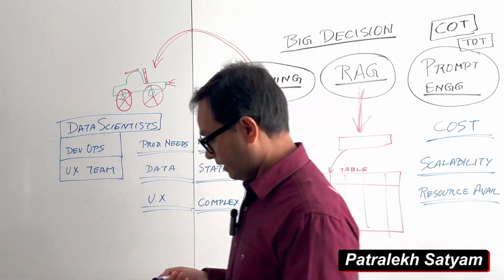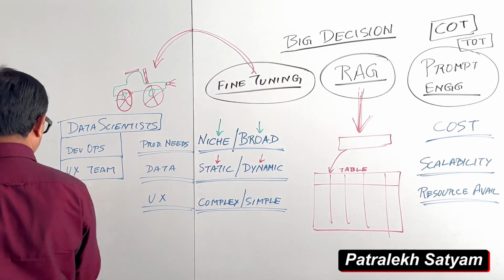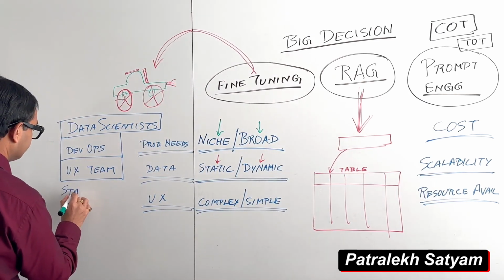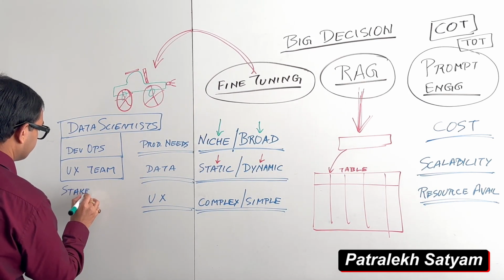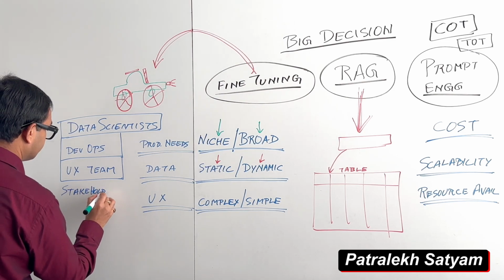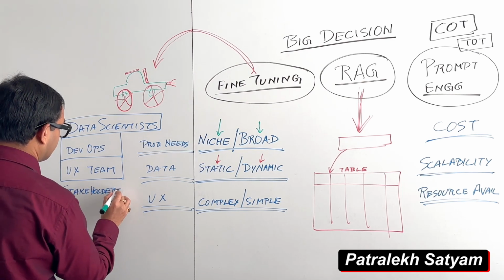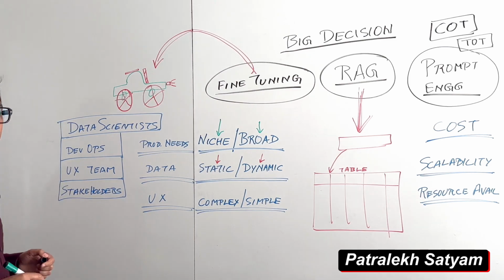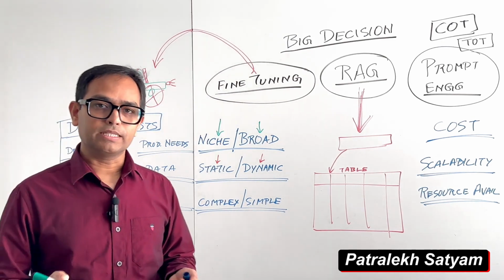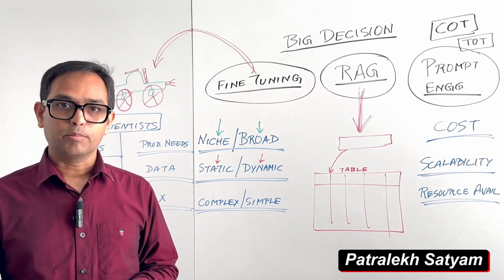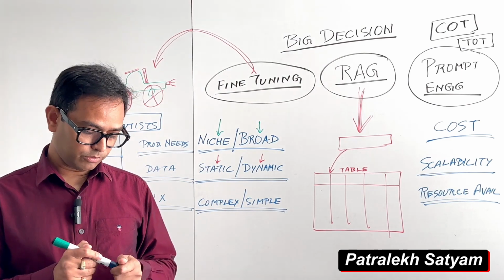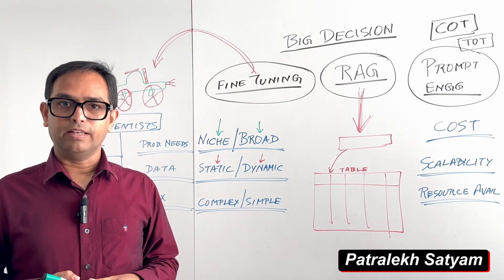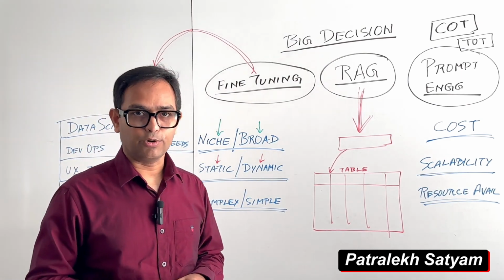And then the stakeholders. So here you need stakeholders from both sides, the business side as well as the tech side, because they are the ones who are going to let you run with the project or drop it.